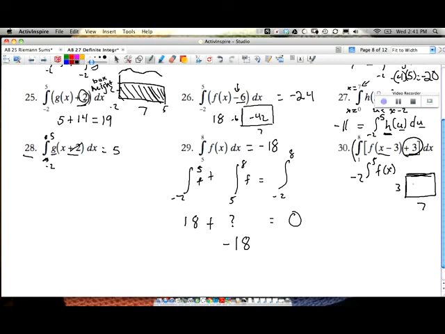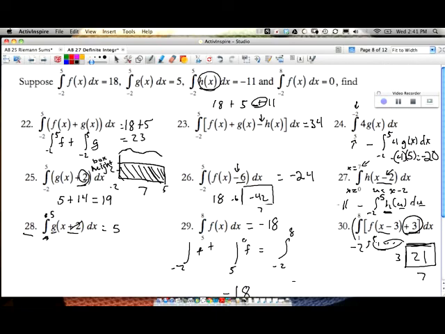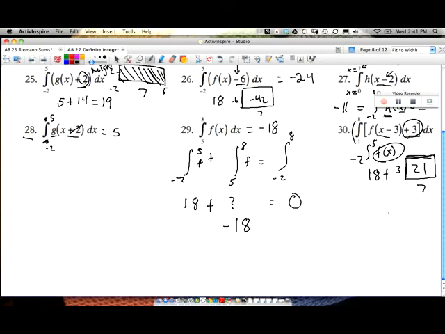So we're going to add that much area to it. And that box would be 21. And the integral of f of x, the area under f of x, was 18. So 18 plus 21 should give us 39.